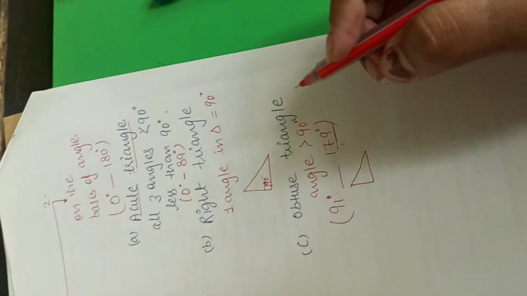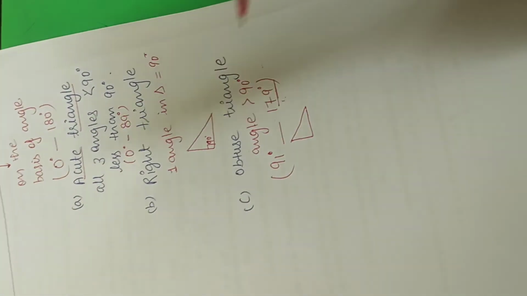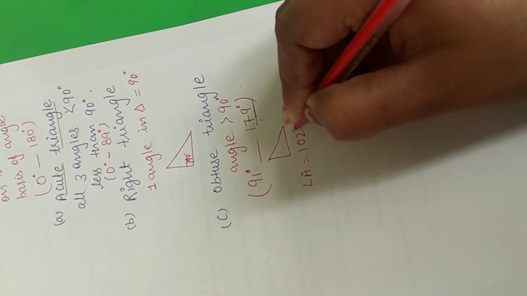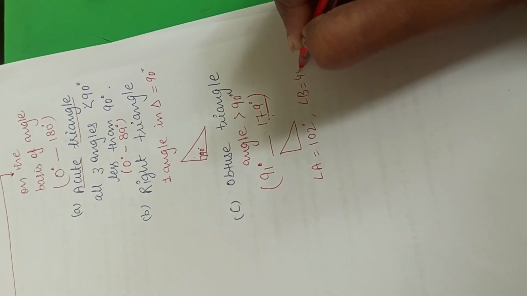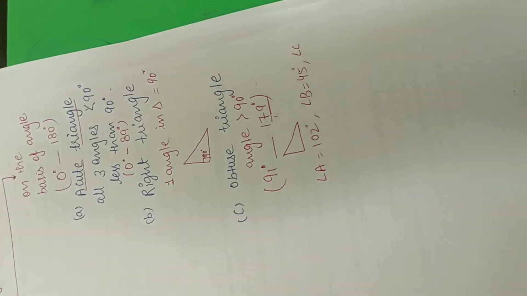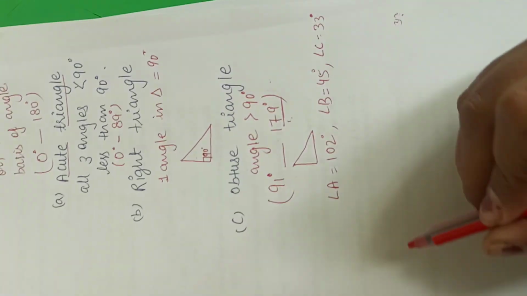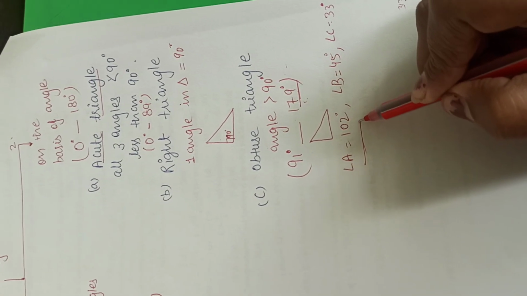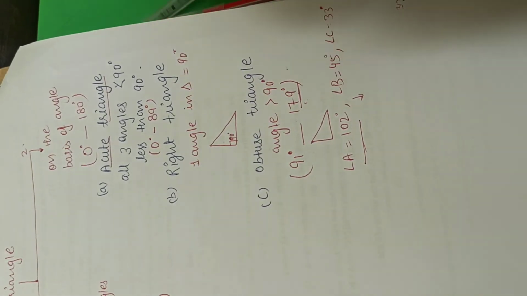But in the triangle, any angle, like here in the question, angle A equals 102, angle B equals 45 degree, and angle C equals 33 degree. So see, in this one angle is obtuse, greater than 90 degree, so that's why it is an obtuse triangle. Which type of triangle?